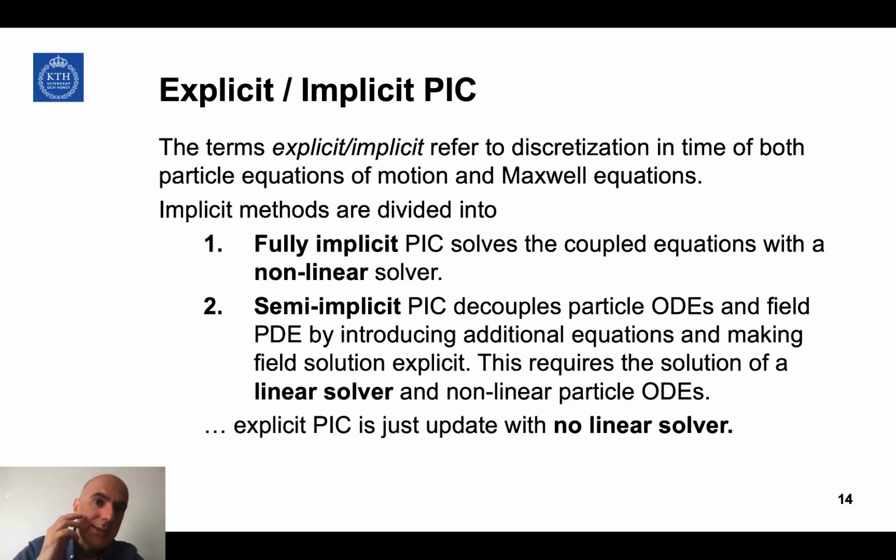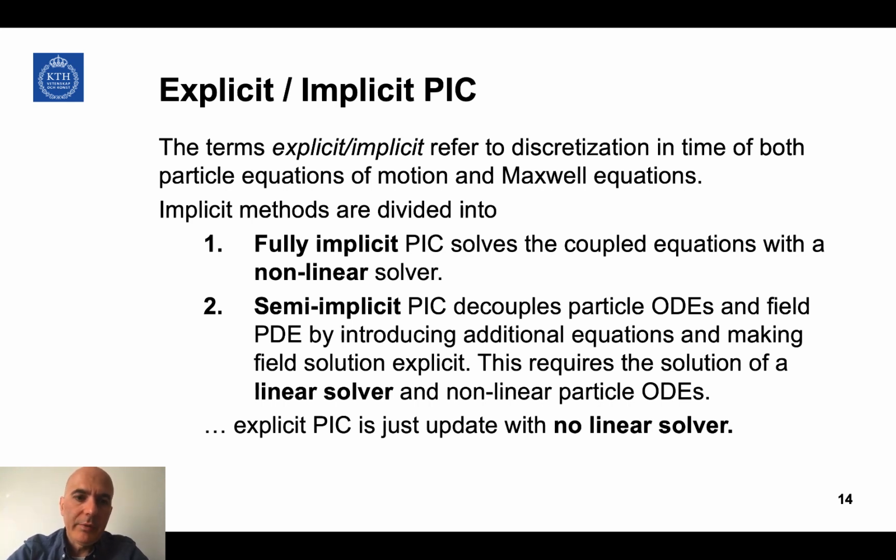That means that the stability of the method does not depend on the choice of the time step, while the explicit methods are conditionally stable. This means that they are stable only with a certain choice of the parameters. Particularly, the time step needs to be rather small for having a numerical scheme that is stable.